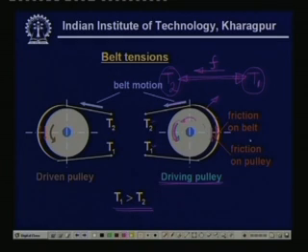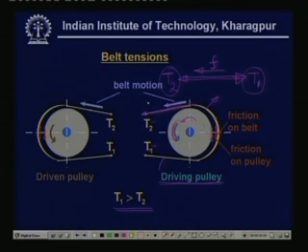Now, when we consider this fact that T1 is a tight side and T2 is a slack side, in the similar manner we call this the tight side of the belt and this the slack side of the belt. Now, we can see in this particular one that the slack side of the pulley drive has been kept onto the upper side.